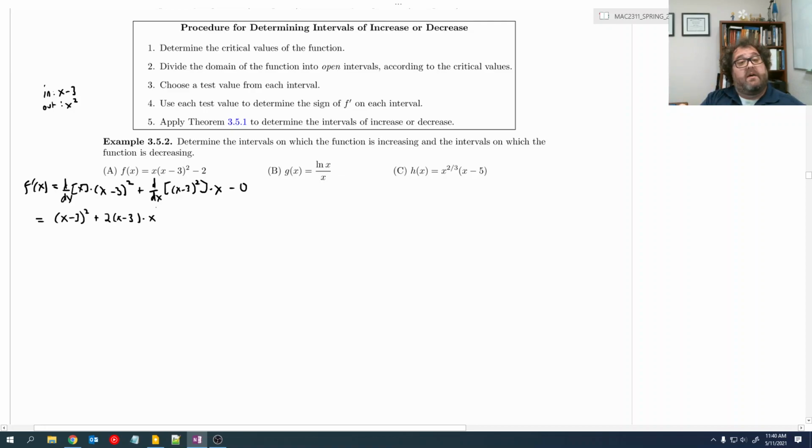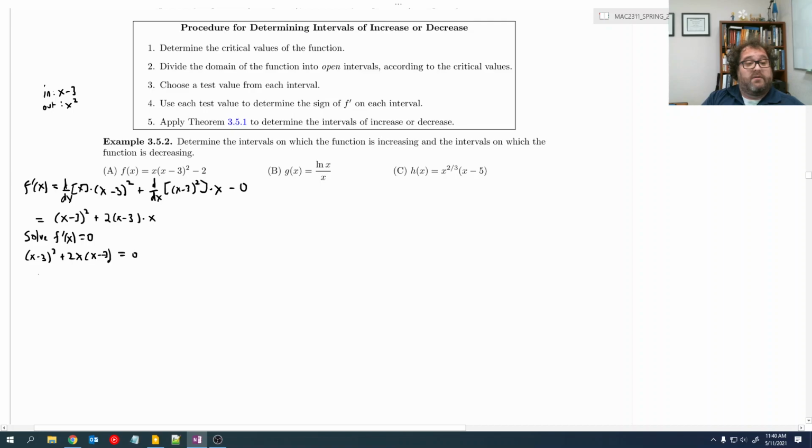We want to find critical values, which means we need to solve f prime equals 0. So that's going to give us x minus 3 squared plus 2x times x minus 3 equals 0.